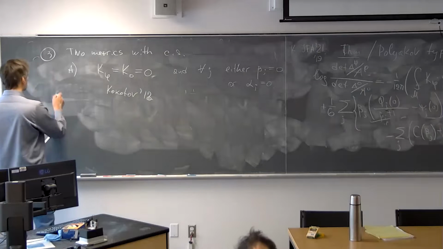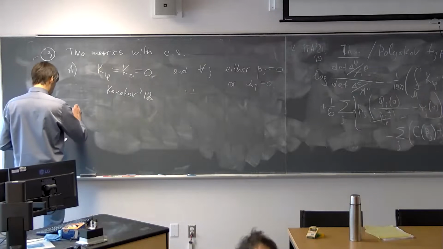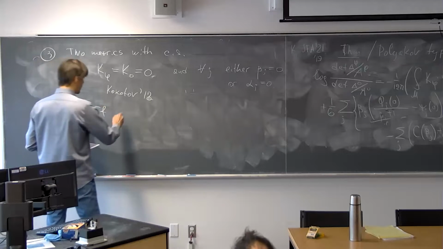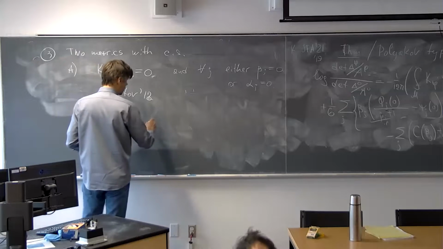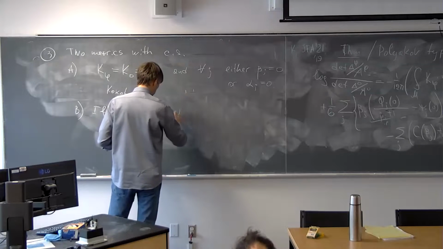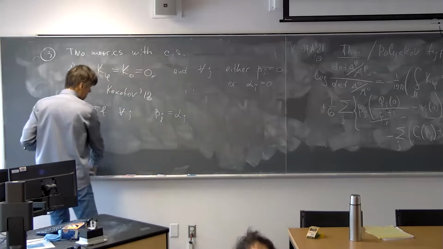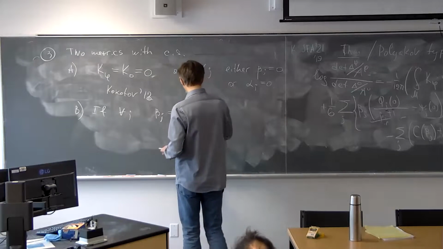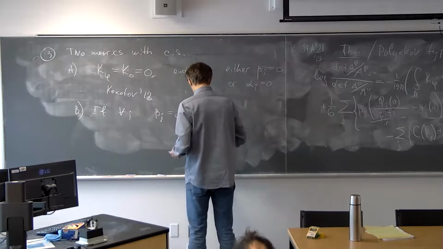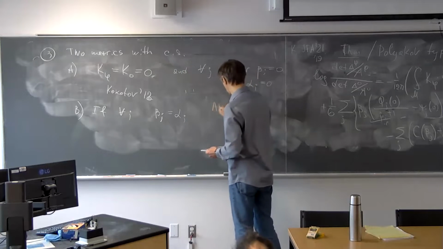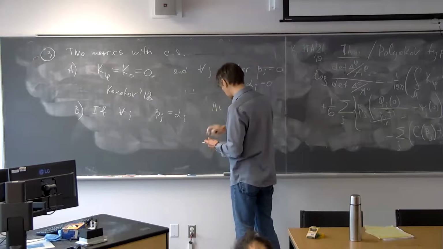Okay, so next one, case B. If for any j, we have this, so beta j equals alpha j, then this formula reduces to the Polyakov type formula by Aldana, Kirsten, and Rowlett.